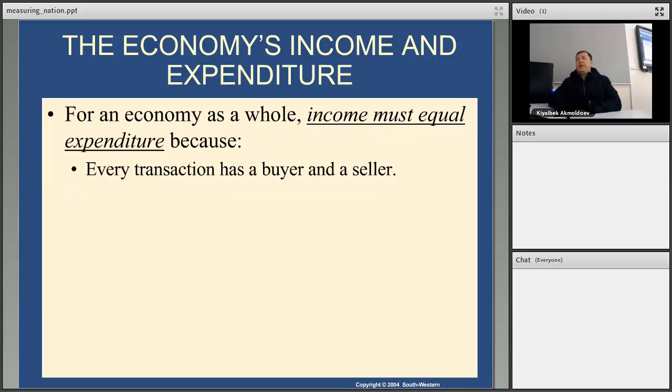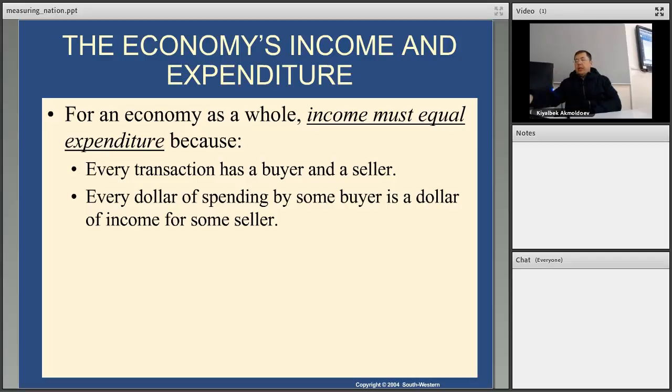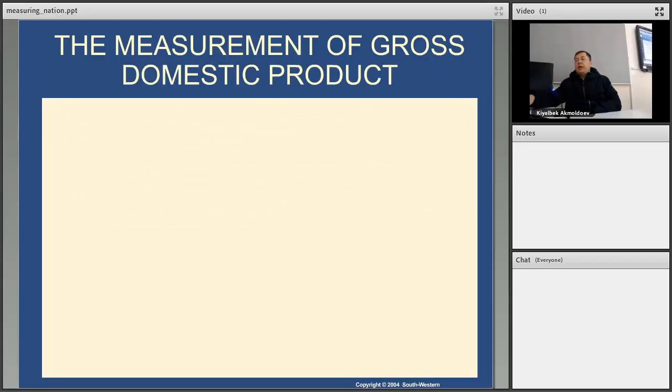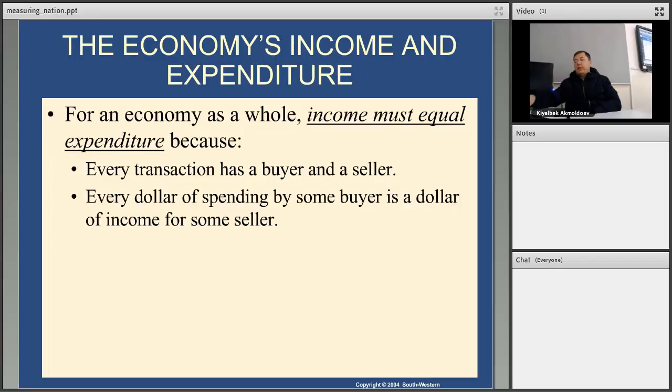So, for an economy as a whole, income must be equal to expenditure because every transaction has a buyer and a seller. Every dollar of spending by one buyer is a dollar of income for a seller. So why are we talking about this here? Because to measure a nation's income, we have to look at the income of people and expenditure by people.